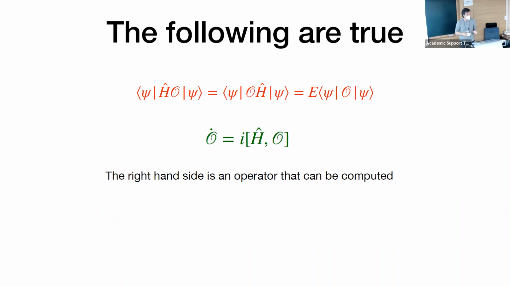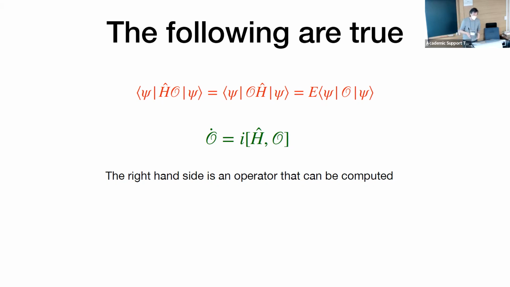If you're in an eigenstate of the Hamiltonian, then the Hamiltonian acting on the left, because H is self-adjoint, will give us the energy. Acting on the right, you'll get the energy again. So you find two relations. And one of the relations that comes for free out of this is that the expectation value of the commutator of H and O vanishes, because the two expectation values HO and OH give the same value.